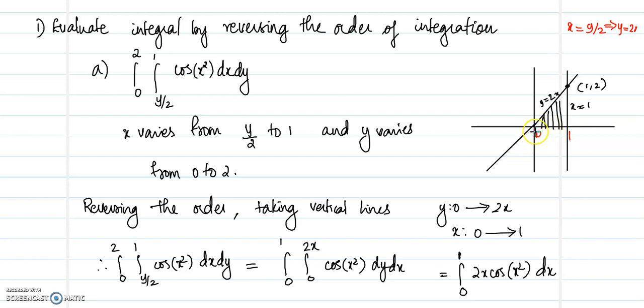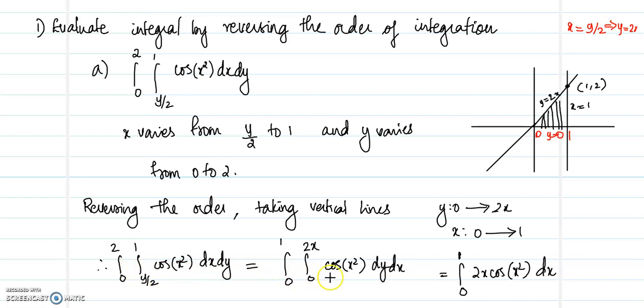And on the left and right, you will have x equal to 0 and x equal to 1. Now that will give the new limits of integration. So y varies from y equal to 0 to y equal to 2x, and x varies from 0 to 1. So those are the new limits of integration.